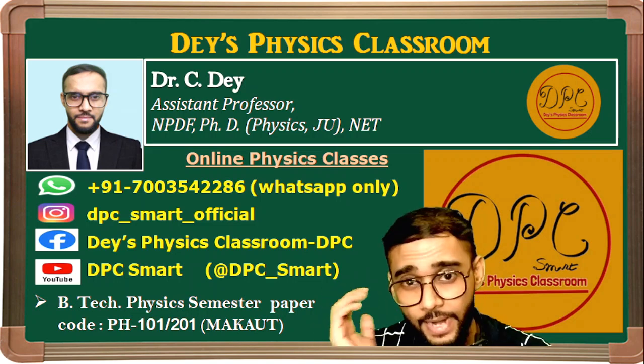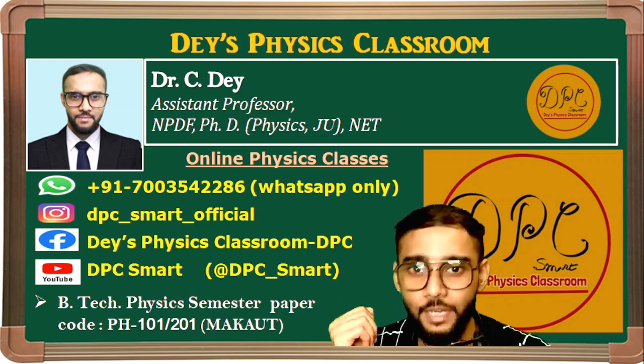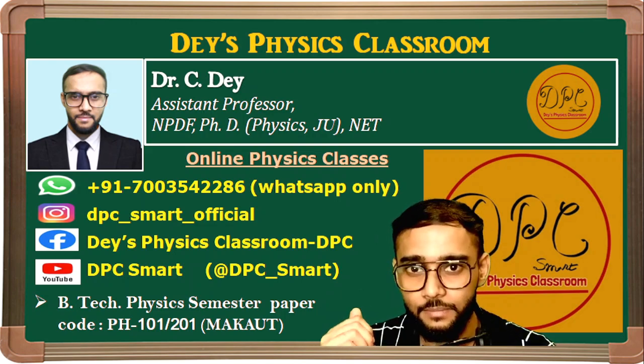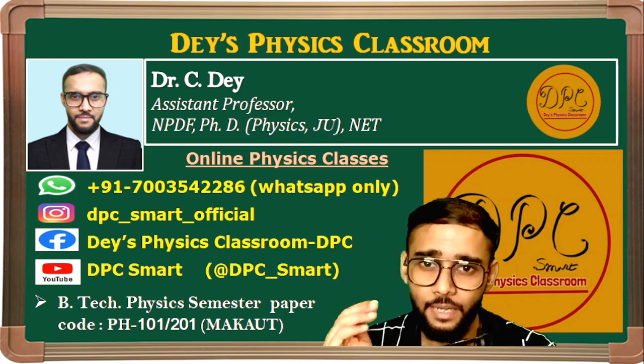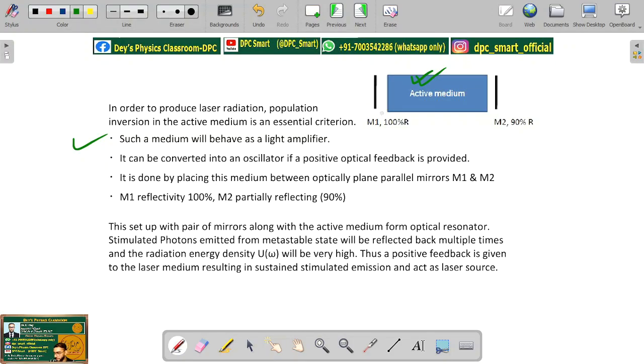Now the active medium or the gain medium can be transformed into an oscillator by providing a positive optical feedback to it, and it is done by placing the medium between two optically parallel reflecting mirrors M1 and M2, where M1 has a reflectivity of 100% and M2 has a reflectivity of 90%.